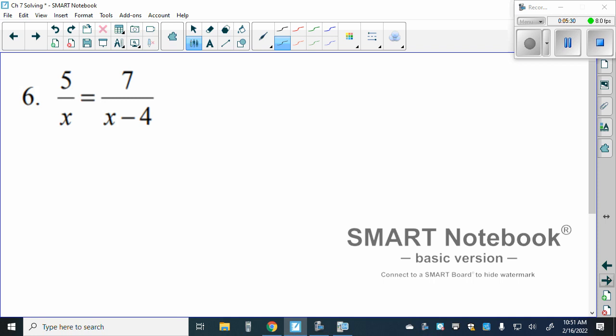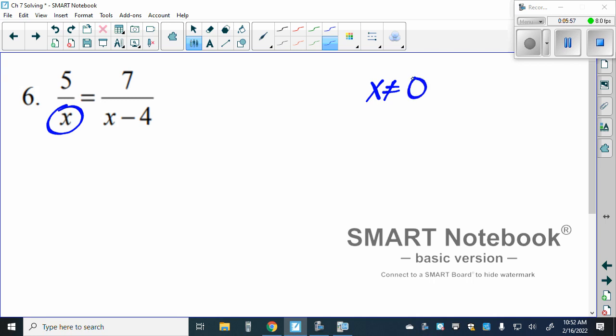All right, let's look at the next one. 5 over x is equal to 7 over x minus 4. So again, this here, it's good to see what the restrictions are, just in case that there are any that pop up. Well, with x by itself in the first denominator, we know x cannot be what? 0.